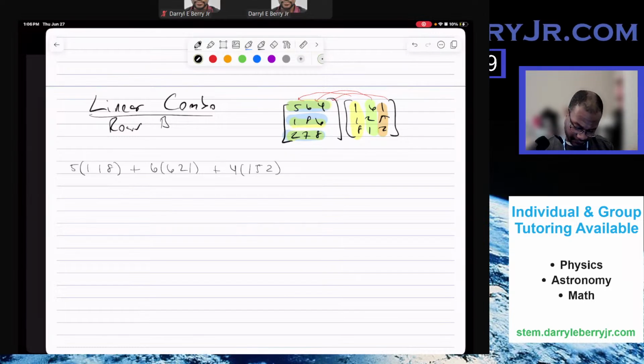I'll just do the first row. Still getting 45.